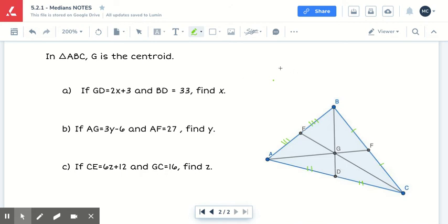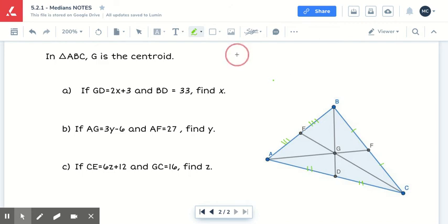Okay, so let's see what I would know from this. I'm going to do a little work off to the side for this one. What they gave me was the smaller part of this segment here, and then they gave me the length of the whole segment. So I'm going to have to use a couple of theorems together.